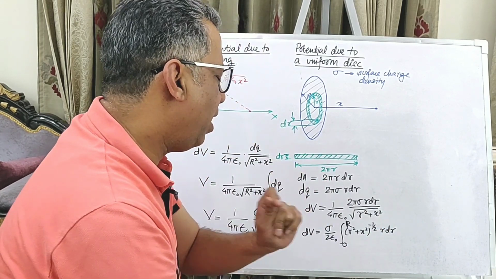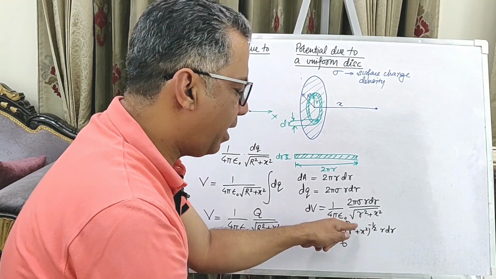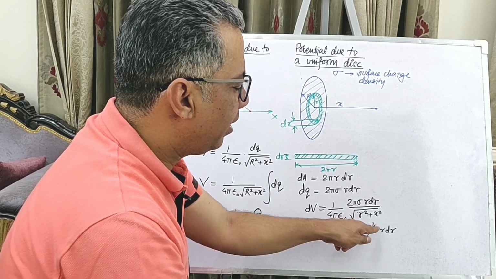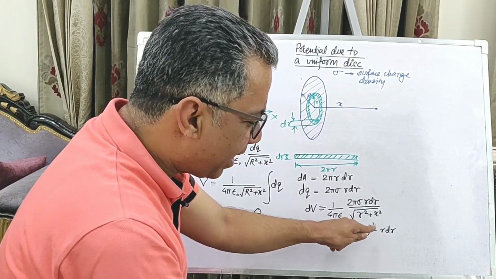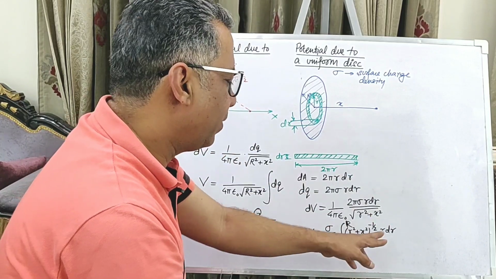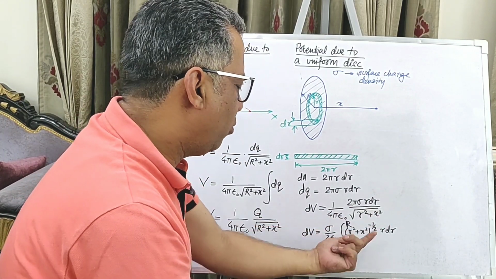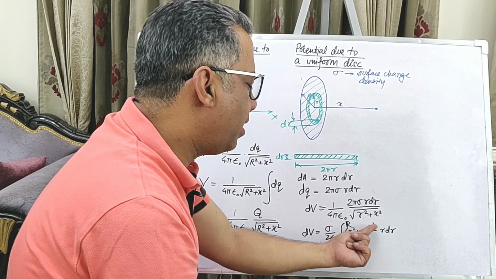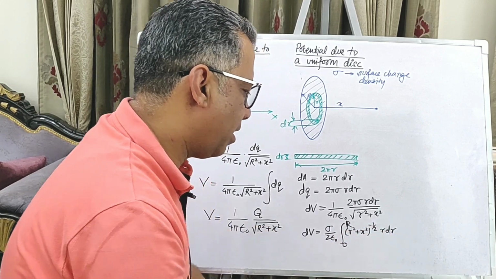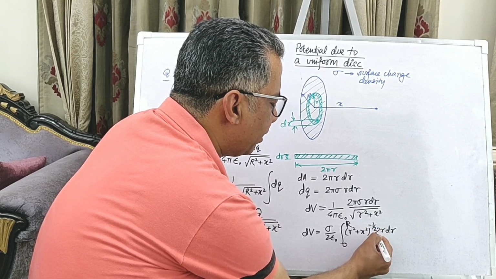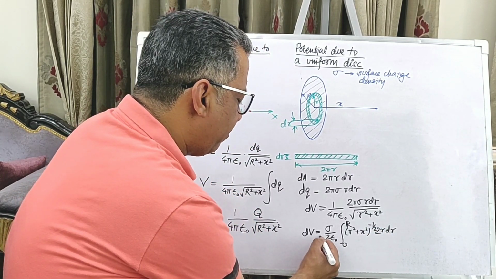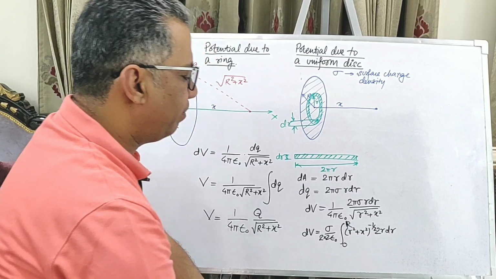So what we do have is a function raised to the power n into, well, this could have been the derivative had there been a 2, and we'll do that. We'll put a 2 in there. So we have a function raised to the power n into derivative of the function into dr. Now to make this the derivative of this function, we multiply here by 2 and divide by 2 as well.